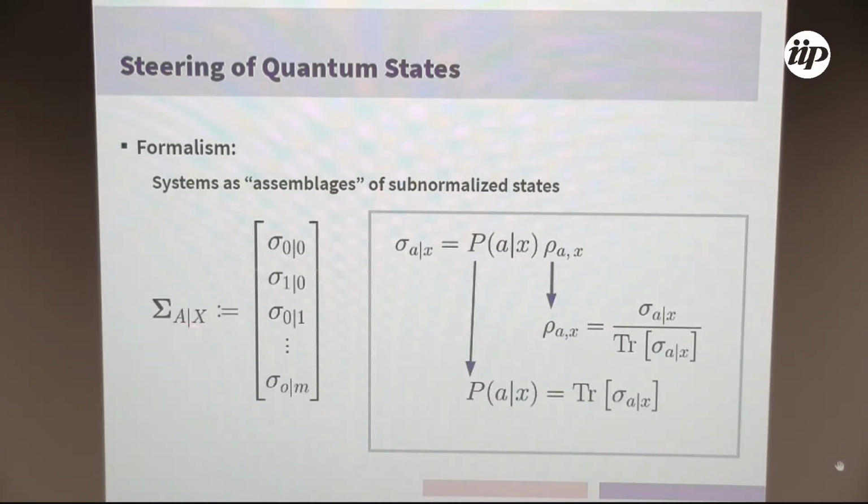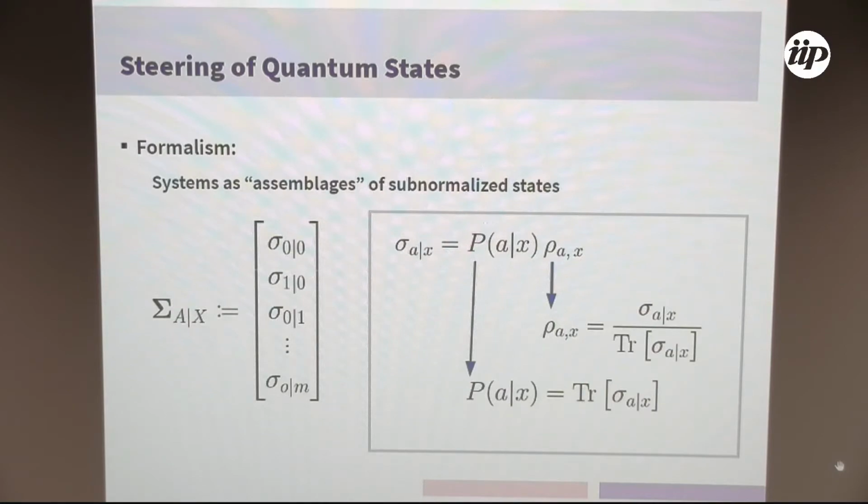So in this case, to describe my system, I have this list of subnormalized states, which encompasses the information on both sides. So I have the quantum system on one side.